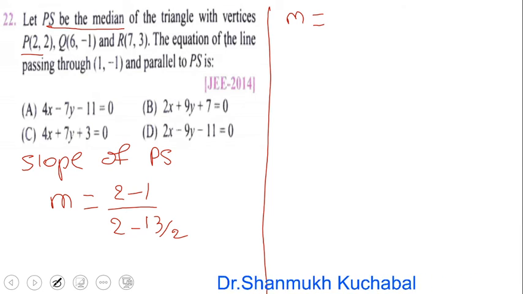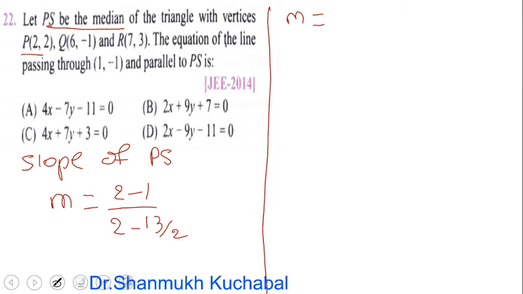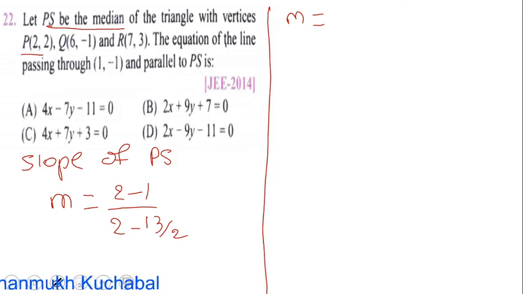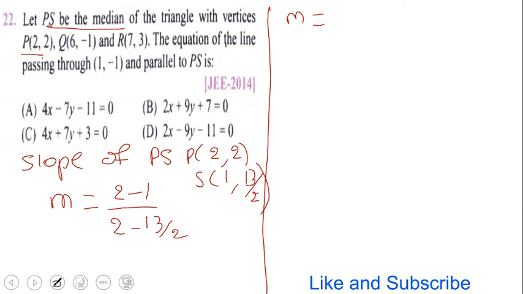Using the median we have to calculate here. I have taken the coordinates: S is (1, 13/2), and P is given as (2, 2). So it is a median, in between it will be there. So using the formula we have to calculate here.